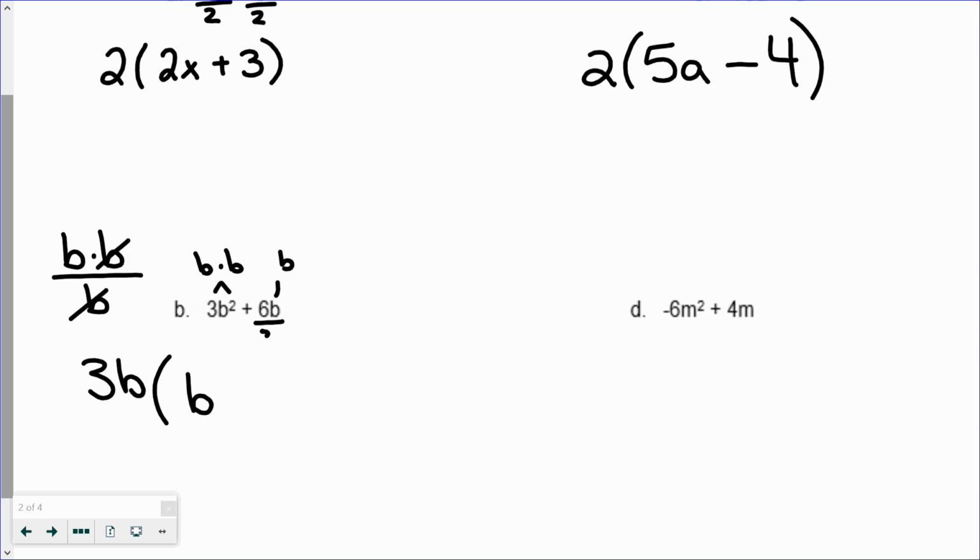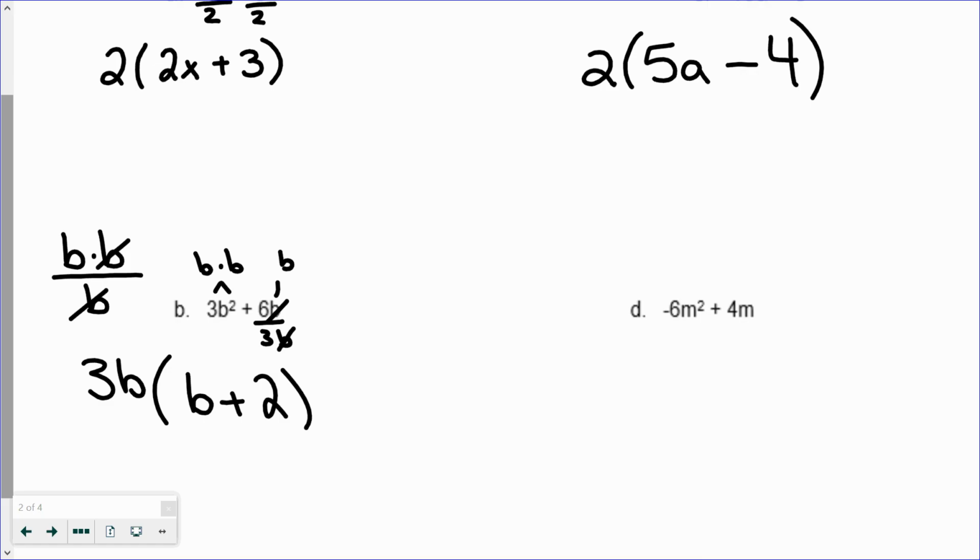And you can write it underneath. Sometimes that helps, because then I'm just reading it top to bottom. 6 divided by 3 is 2. B divided by b cancels out, so that's just 1. It's not 0. Do not put 0. Anything over top of itself is 1. So 5 divided by 5 is 1. X divided by x is 1.